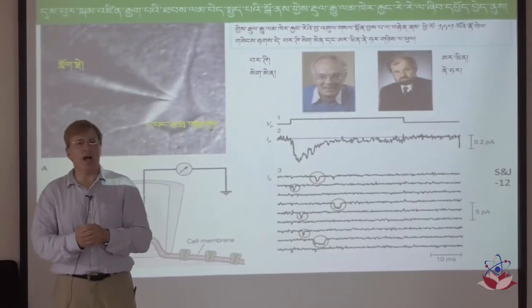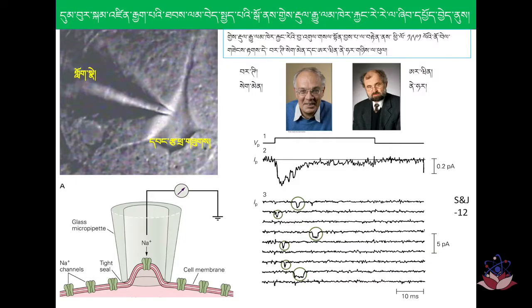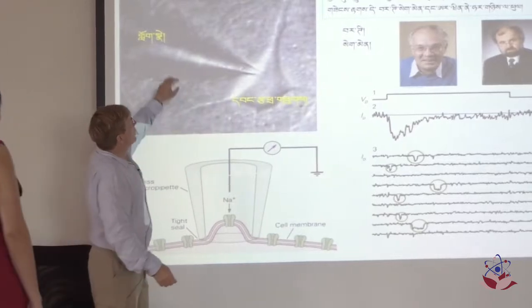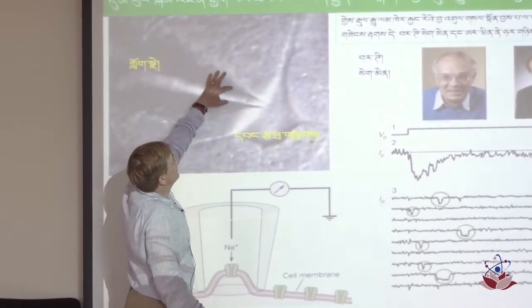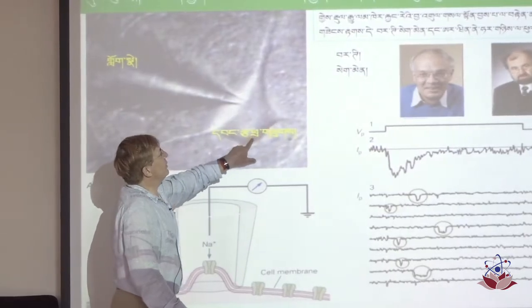About 20 or 30 years ago, two German investigators invented a way to record the activity of these ion channels one at a time. They took a glass pipette and put it on the surface of a particular neuron.